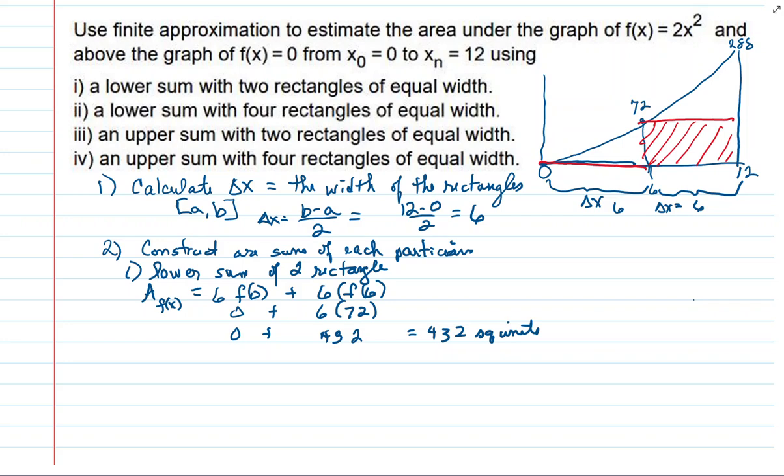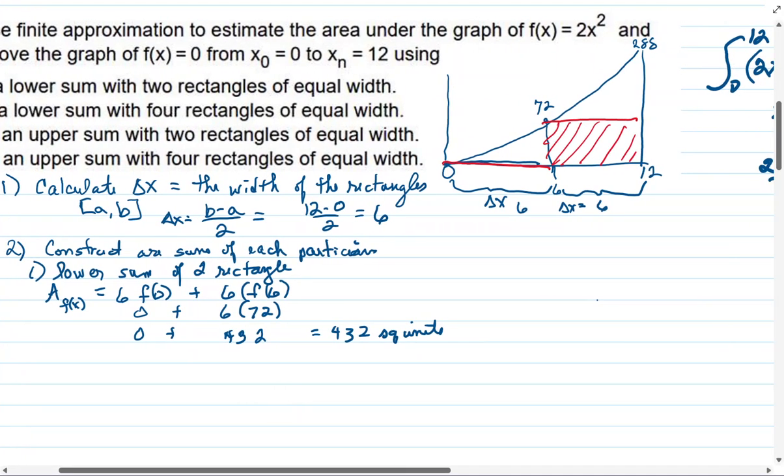Okay. Well, then it says, well, what if we do 4 triangles? Well, the more triangles we enter, the better the outcome. So let's see what 4 does to us.